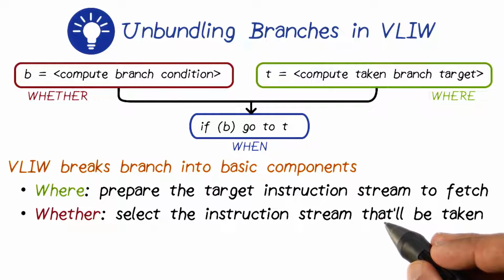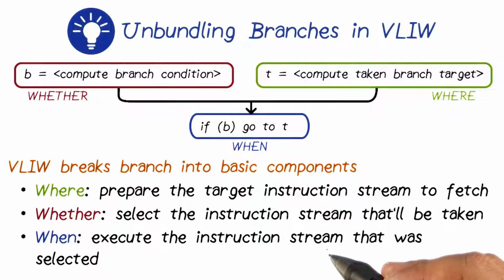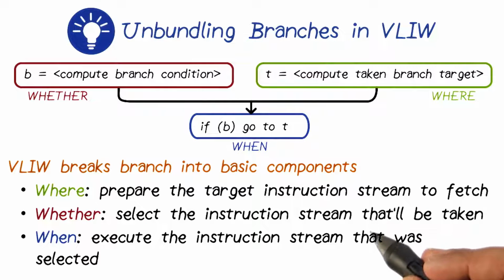If it is evaluated to false, another stream is fetched. And that decision in terms of whether the condition is true or false is made next. And finally, the third component is all about the execution: knowing the instruction stream to go for and the condition, the next decision is when to actually take that jump. And that's the third part of it.